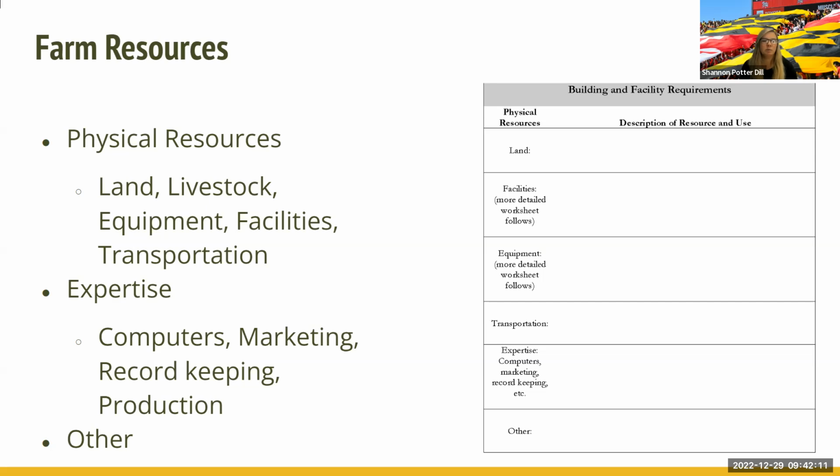So what land is accessible, what facilities are available to the farm, what equipment is available, transportation, then the expertise or skill level that is needed. Perhaps it's in something like computers or marketing, or maybe it's something related to production and fertigation or spraying or grafting. So what skill levels are there, and you might find some skill levels that may be needed.